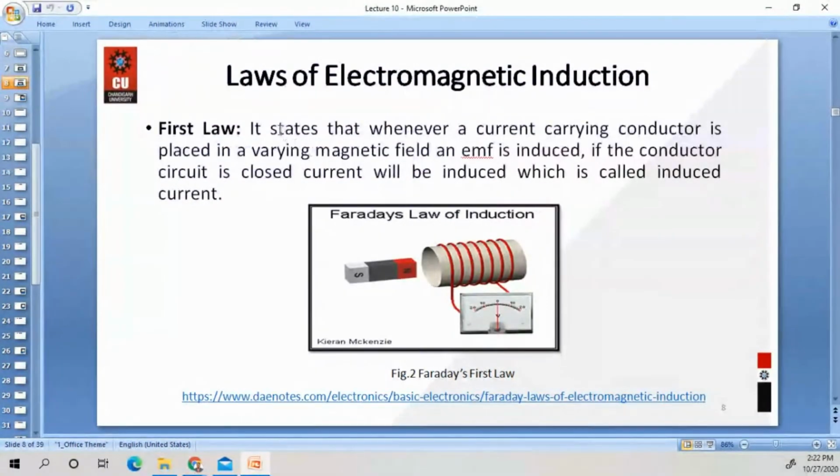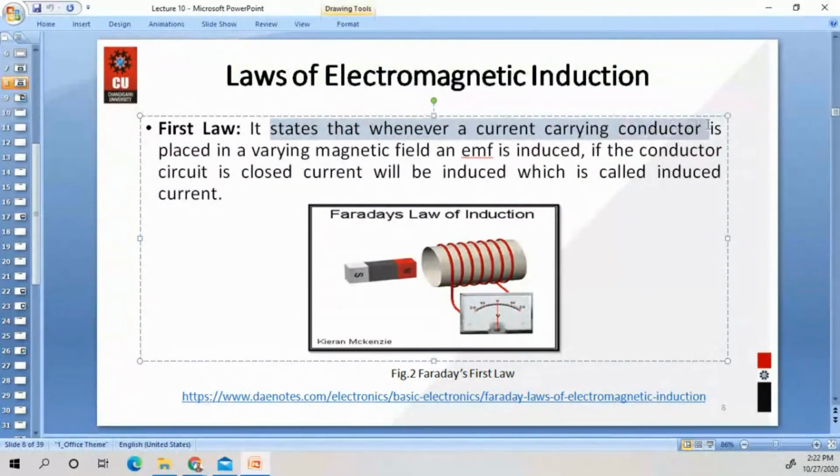Faraday's first law states that whenever a current carrying conductor is placed in a varying magnetic field, an EMF is induced. Okay, as you can see right here, we have placed this conductor inside these wires. Then EMF is going to be generated.